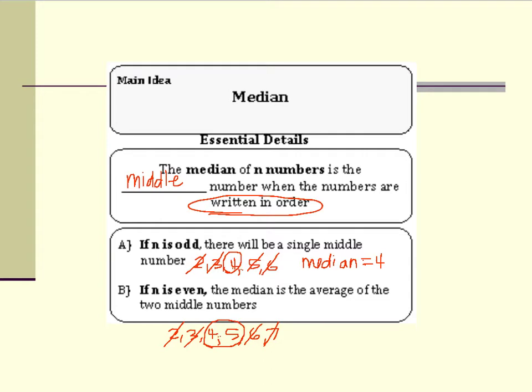And if you're left with 2 numbers, then in order to find the median, you take the average of the 2. So 4 plus 5 divided by 2. Well, 9 divided by 2 is 4.5. And so the median number for this set of data would be 4.5. So just kind of keep in mind, it depends on how many numbers there are. If you can cross off and you're just left with 1, then that's the median. If you're left with 2, you have to find the average.